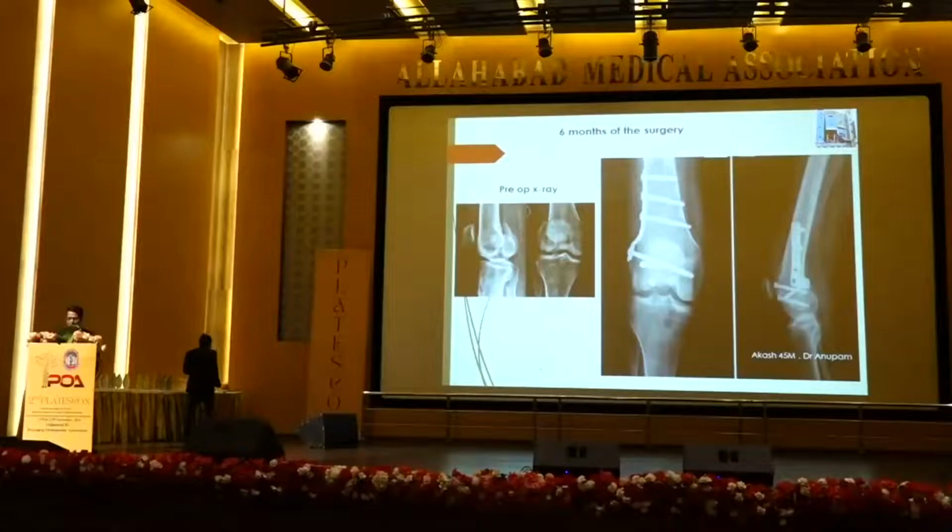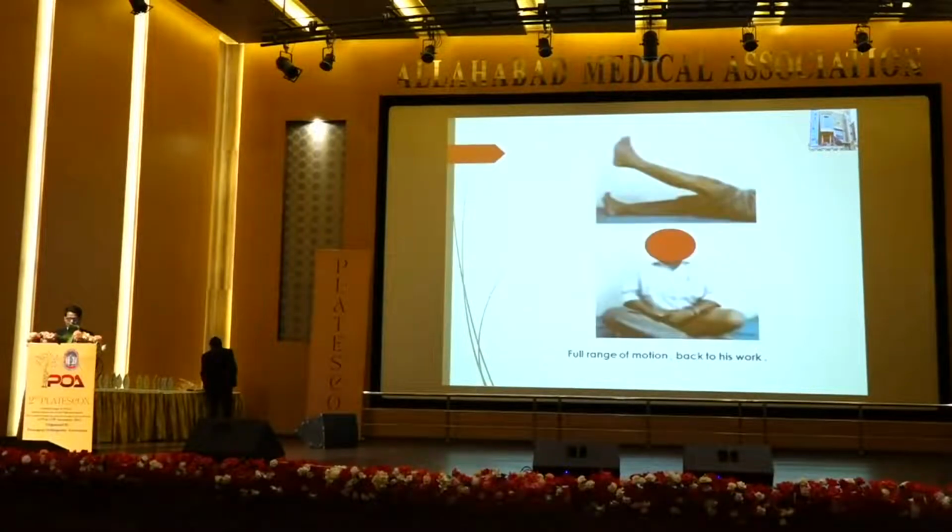This is the pre-op and this is 6 months after the surgery. I will proceed with the next stage and end with the discussion. This patient has a full range of motion and is back to work.